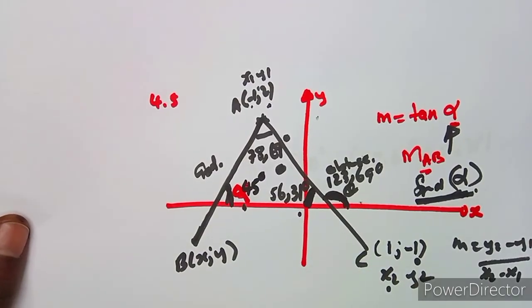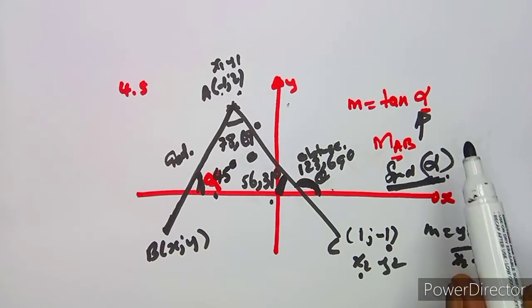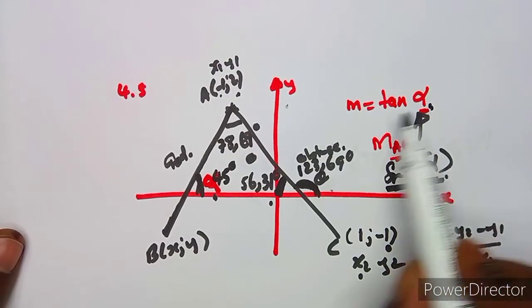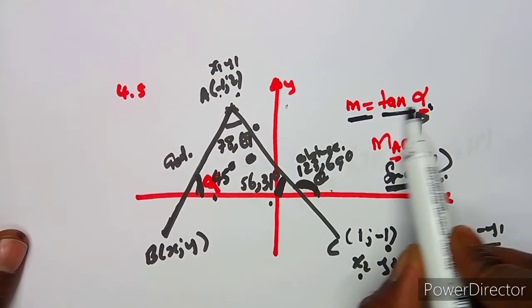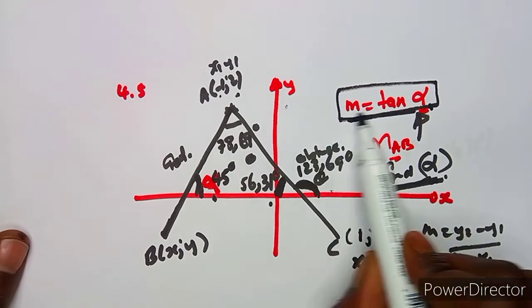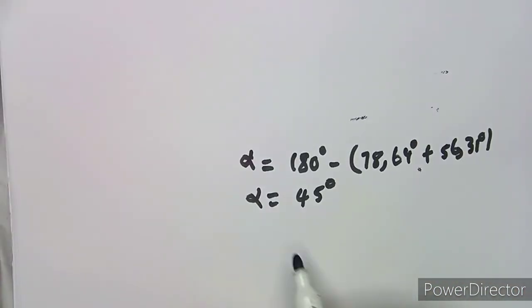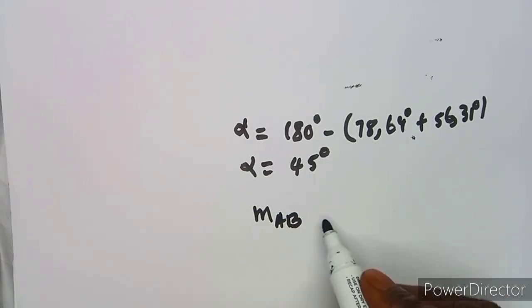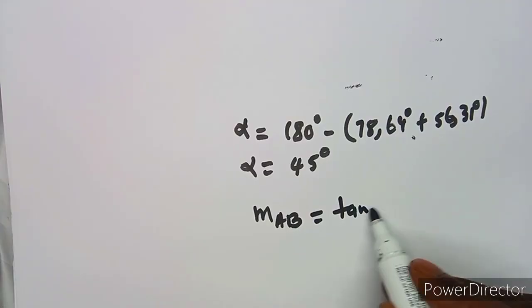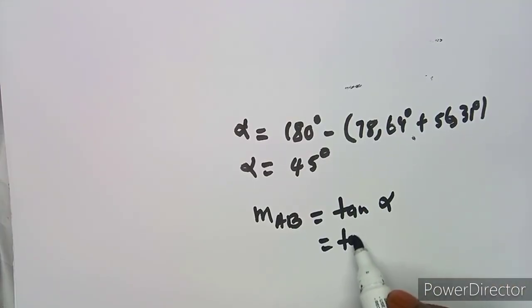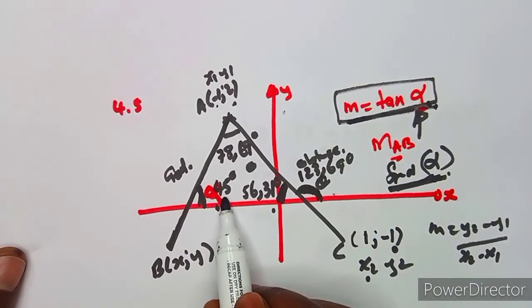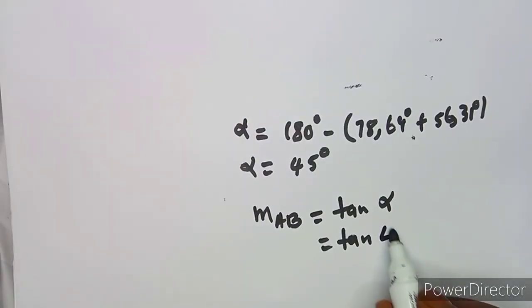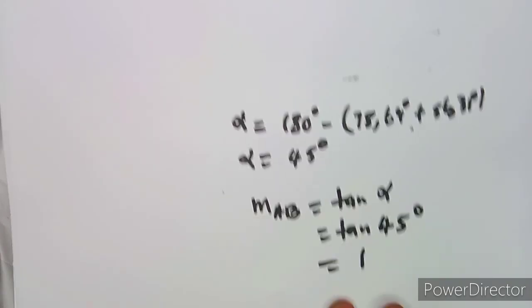So how is this going to help us? Remember, the purpose of finding alpha is that we can have our gradient, because I said gradient is equal to tan alpha. So the gradient of line AB, which is the line whose equation we want to find, is equal to tan of 45 degrees, and this is going to give us 1 from our calculator.